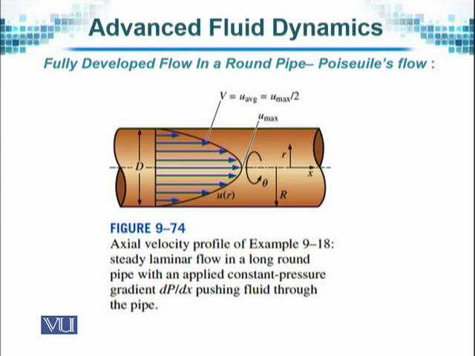It has a maximum value at the center, where r is equal to 0, and minimum value at the boundary of the pipe where r is equal to capital R. At the boundary, viscosity comes into effect, and because of viscosity, the fluid which is in touch with the boundary of the pipe will have a zero value.